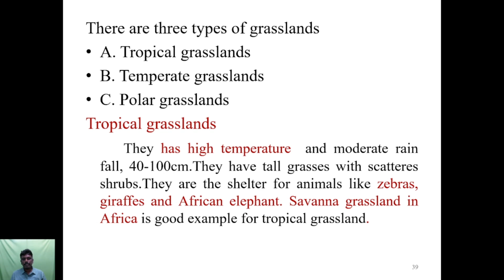Tropical grasslands have high temperature and moderate rainfall. The rainfall ranges from 40 to 100 centimeter. They have tall grasses with scattered shrubs. They are the shelter for animals like zebras, giraffes and African elephant. Savanna grassland in Africa is a good example for tropical grassland.